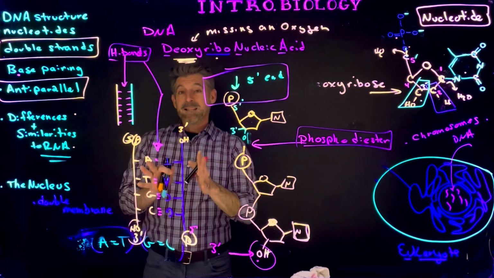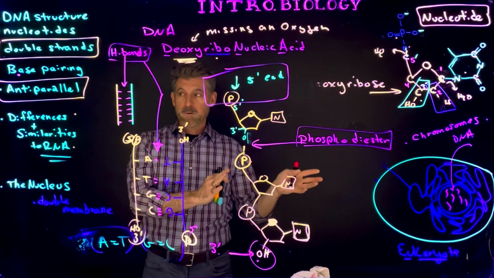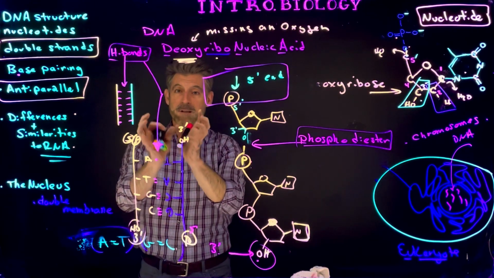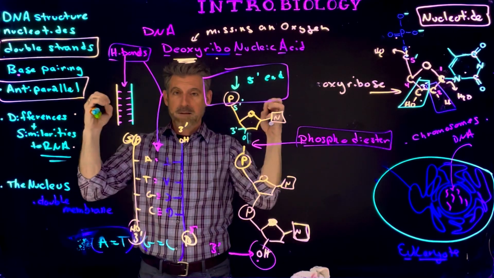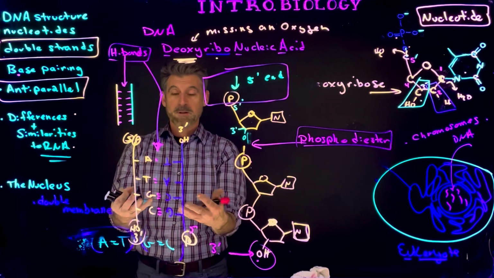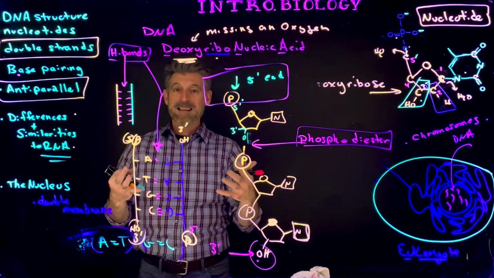All those little details will become important as we move on to the next step. Before cells can divide, before one cell divides into two cells, it has to double the DNA. We need twice as much DNA, so each cell gets the same amount of DNA. So we have a process called DNA replication.